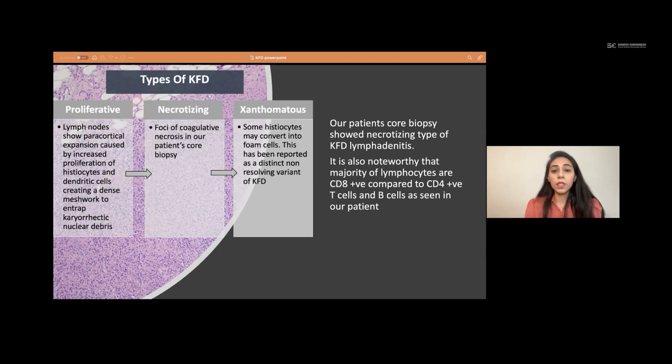And then this further develops into xanthomatous phase, where some histiocytes convert into foam cells. And this is the type which has been reported as a distinct non-resolving variant of KFD. So our patient had the necrotizing type, and it was also noteworthy that the majority of lymphocytes were CD8 positive compared to CD4 positive T and B cells in our patient.